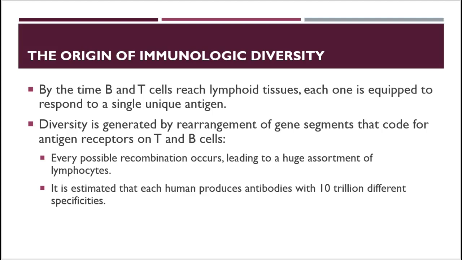There are 500 different components, different segments involved in this gene, and those segments can be rearranged in a number of different ways. So every possible recombination of those 500 gene segments occurs in the formation of B cells and T cells. So that is going to lead to a huge variety of lymphocytes within the body.